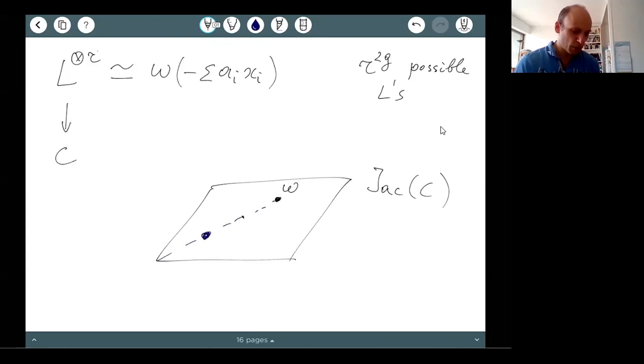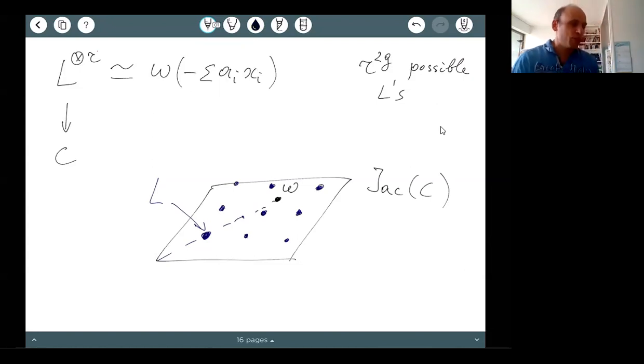This point corresponds to a line bundle, and this is one possible L. But once I find one possible L, I can add any 3-torsion, so R-torsion points, to it. And all these things, when multiplied by 3, will also give omega. So in general, there are R to the power 2G points, like in complex dimension G, so real dimension 2G.